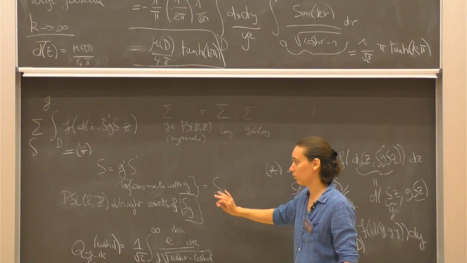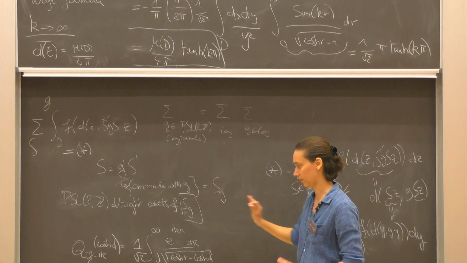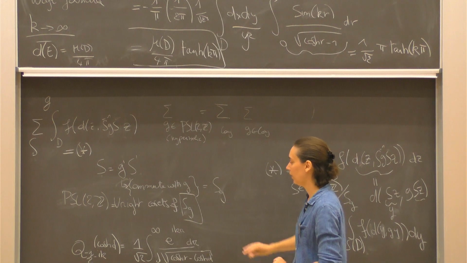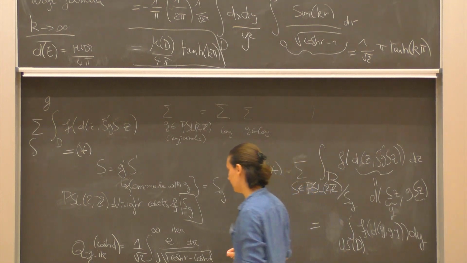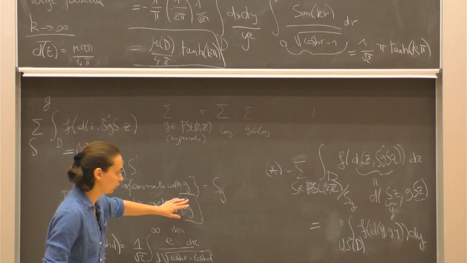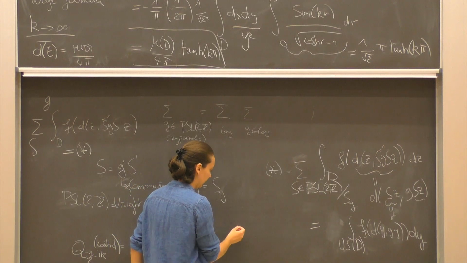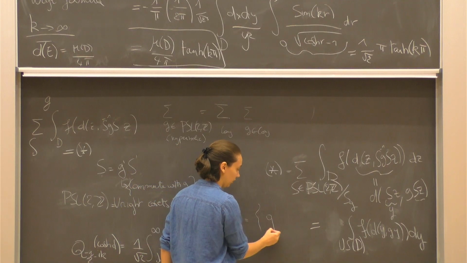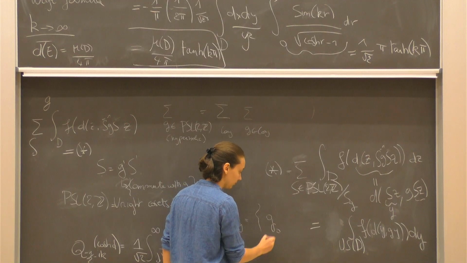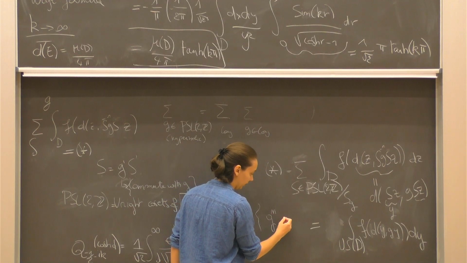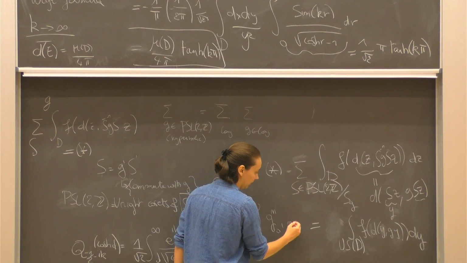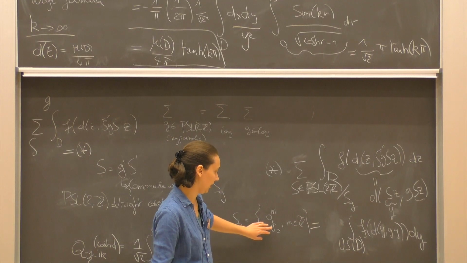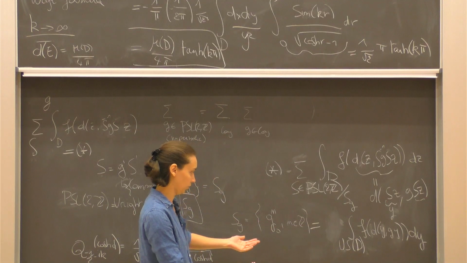But okay, so the last piece of information that I'll give you before we move on to writing down the thing we want to compute is that if you want to know what this group is, I'll just tell you that the elements in S of G are nothing but elements that can be written like this, where n is an element of the integers, and this G naught is something you have to determine.